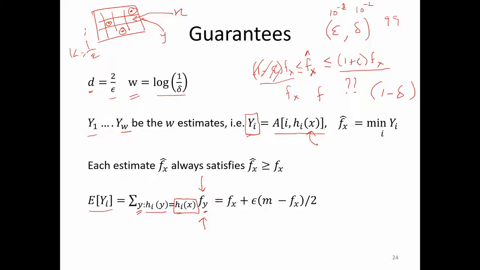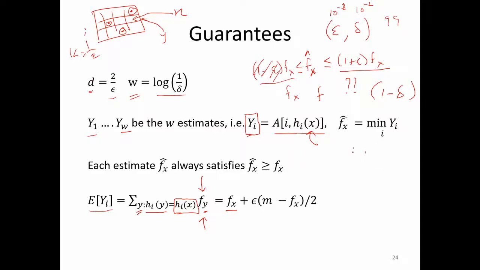So this sum is the count. And x is always going to be there. Now what is the chance that any particular y is going to be mapped to the same cell as x? The chance is 1 by d, because there are d buckets.